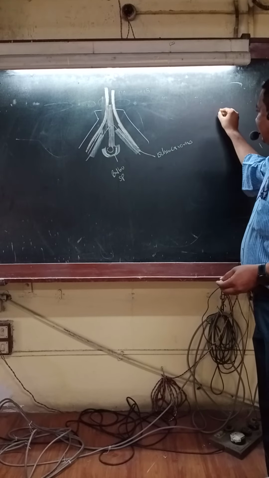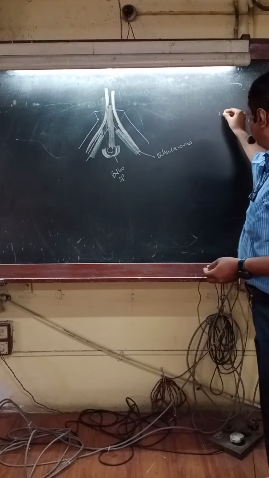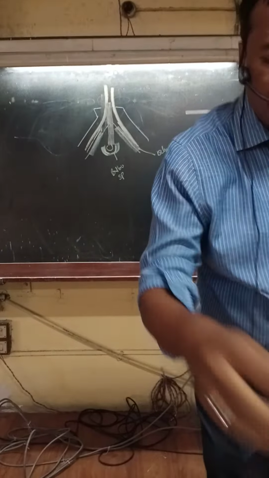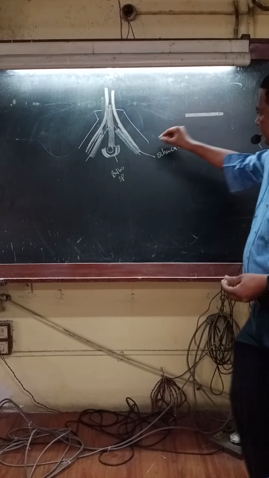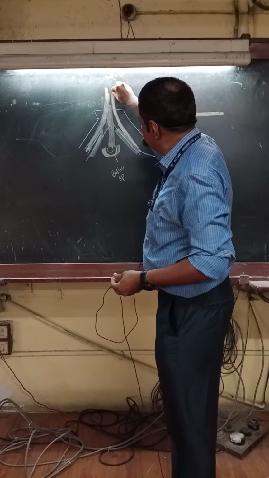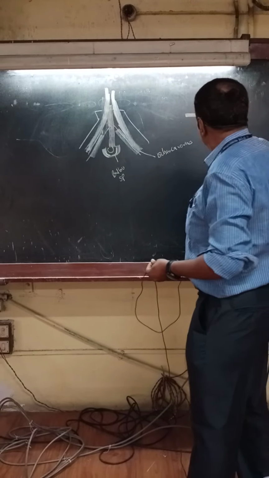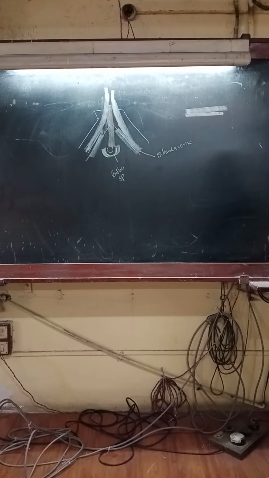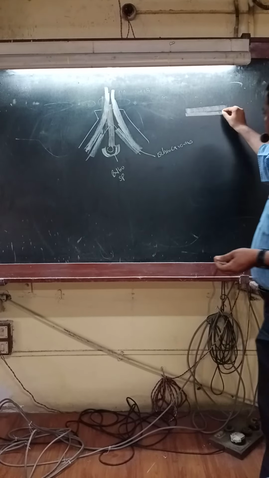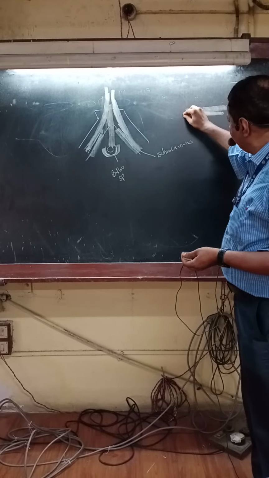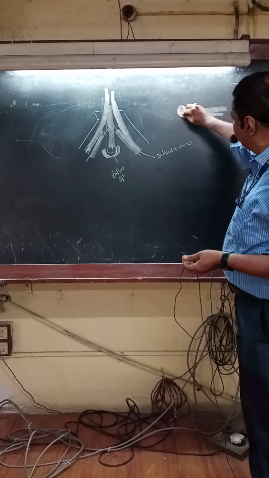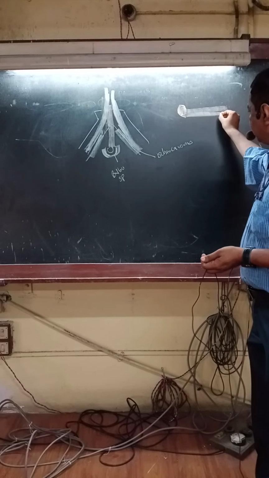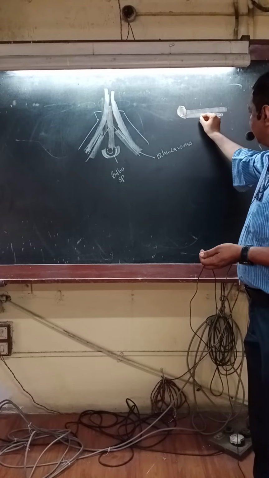So if you look from the side, the corpus spongiosum is below, and corpus cavernosum is on the top. This spongiosum towards the end enlarges to form the glans penis.